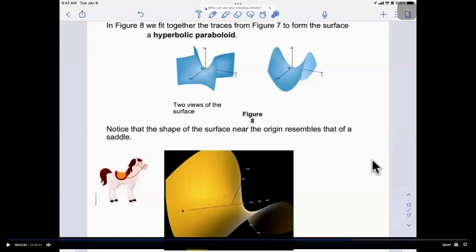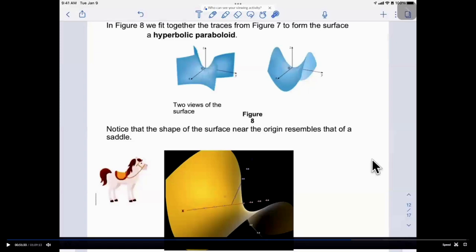What is a hyperbolic paraboloid? Why is it called hyperbolic? Because the traces here are hyperbolas, the horizontal ones. And this way is a parabola opening up, and this way a parabola opening down. So what does it look like to you?